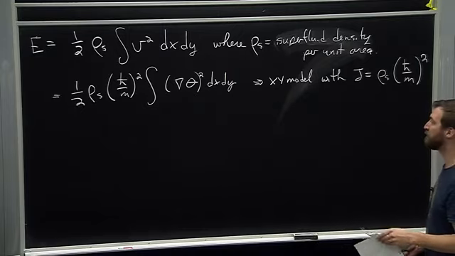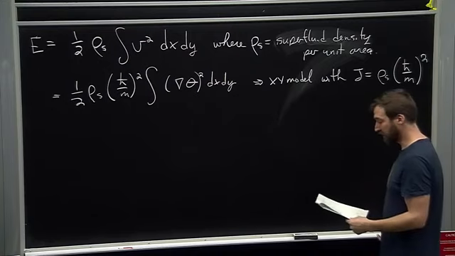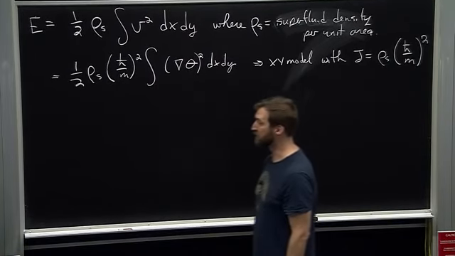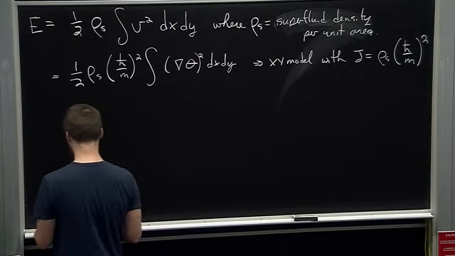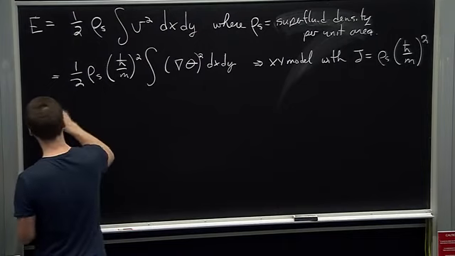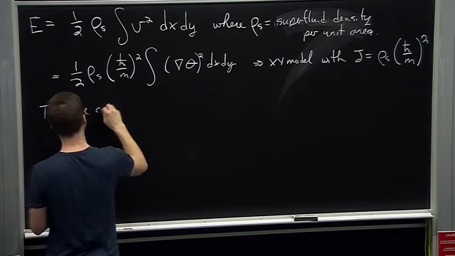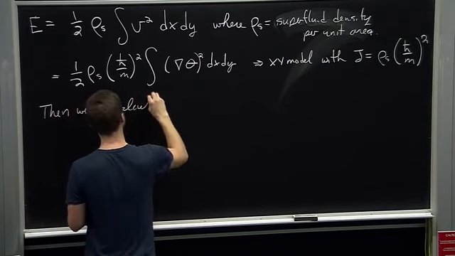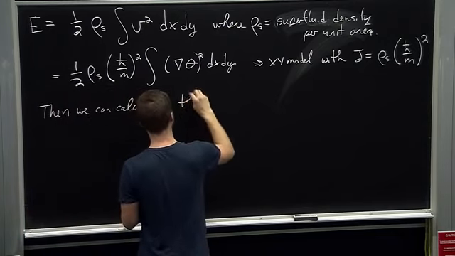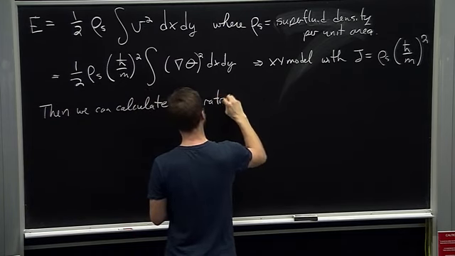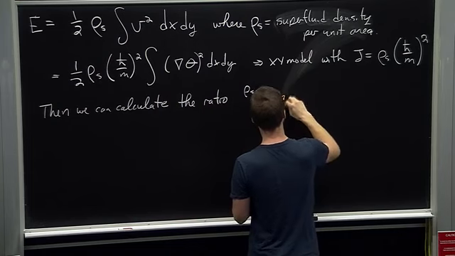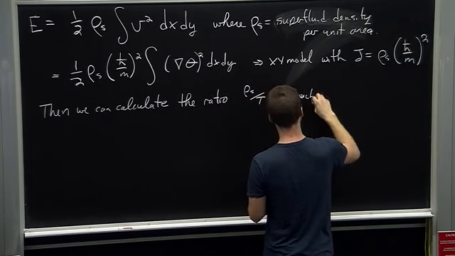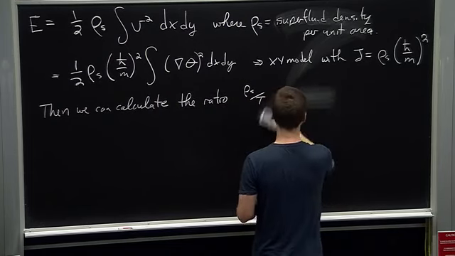So that's it. So then we can calculate the ratio of the superfluid density to temperature as we approach the Kosterlitz-Thouless transition. So strictly at T_KT.